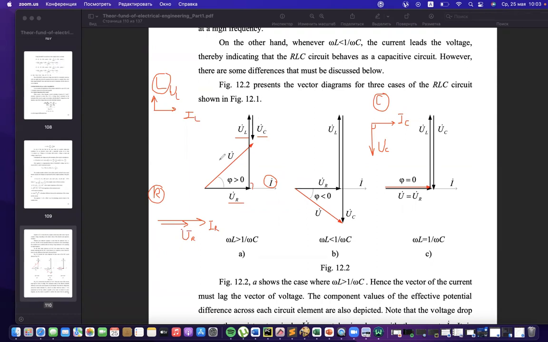And in total, coil and capacitor voltages are serially connected between each other, and it will be on the same line. And we have one part of the triangle and the second part, two voltages, and a hypotenuse, the total voltage on the serial connection. That is why we could use the Pythagoras theorem between these voltages.